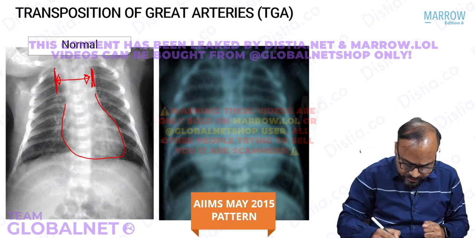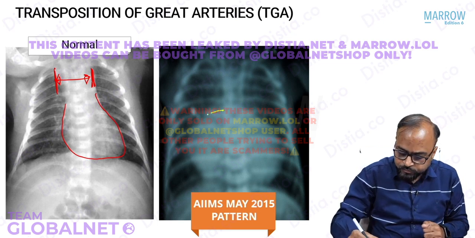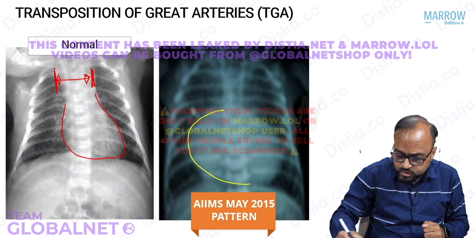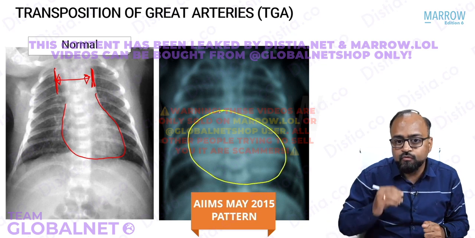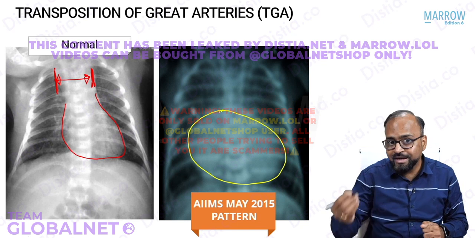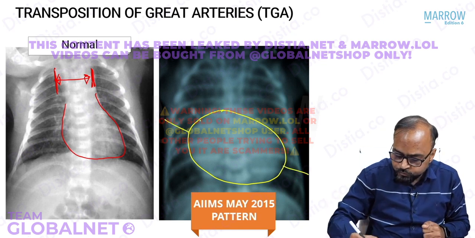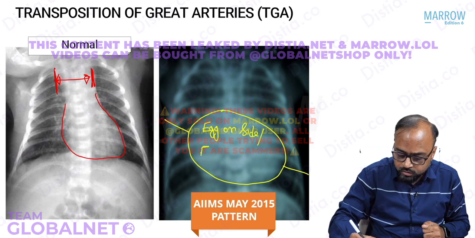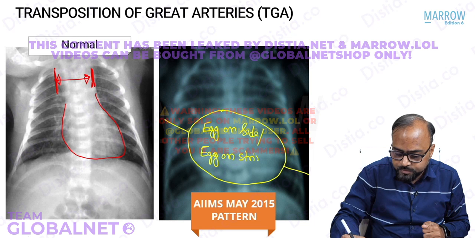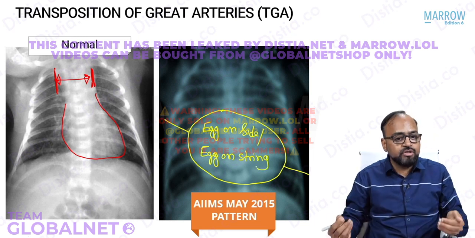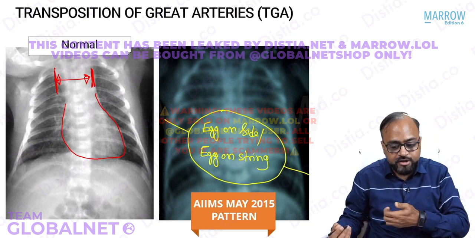The heart is more or less oval or ovoid in shape, like an egg lying on its side or an egg on a string. So what is this called? This is called the egg on a side or egg on a string appearance, seen in transposition of great arteries.